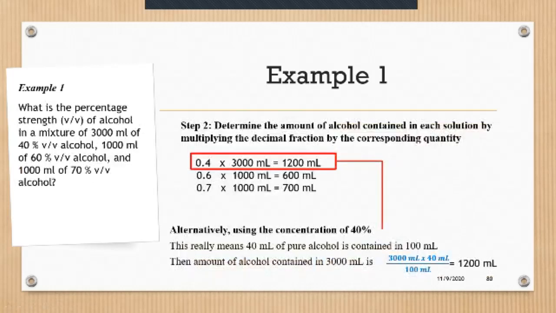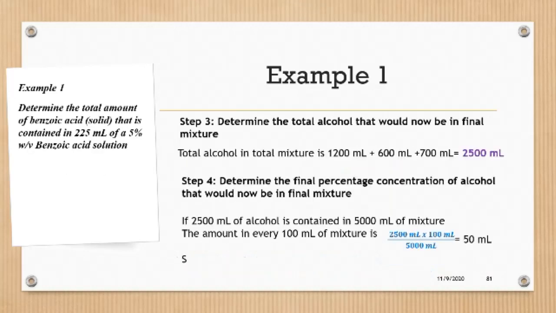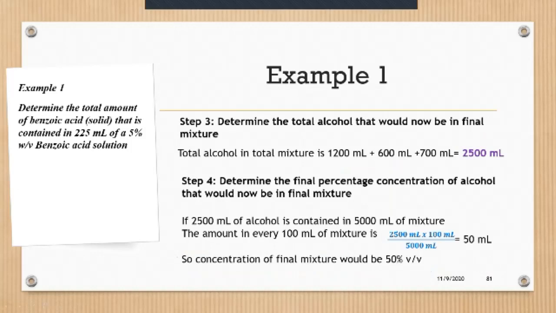So here we find that 1,200 mils of alcohol is in the 3,000 mils, 600 would be in 1,000 mils, and 700 would be in the 1,000 mils. When we add this together, we get 2,500 mils. So 2,500 mils will now be in the entire mixture of 5,000 mils.